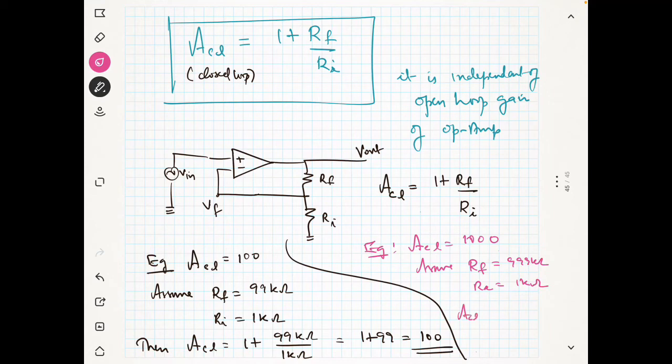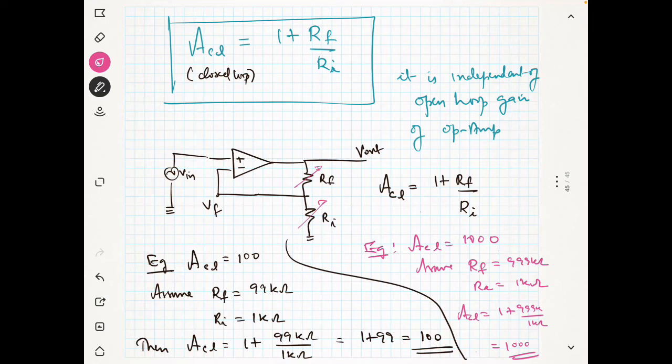Then my closed loop gain will be equal to 1 plus 999 kilo divided by 1 kilo, which is equal to 1000, right? So you can control the gain of the amplifier. So you can fix the gain of the amplifier by fixing these guys. That's a beauty.